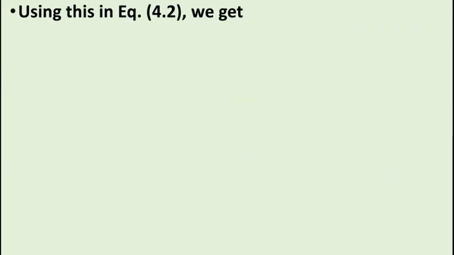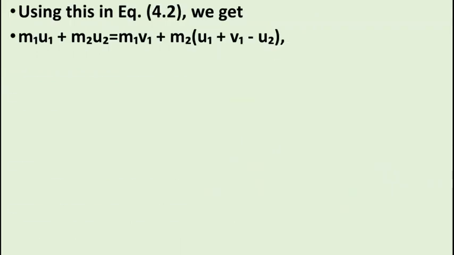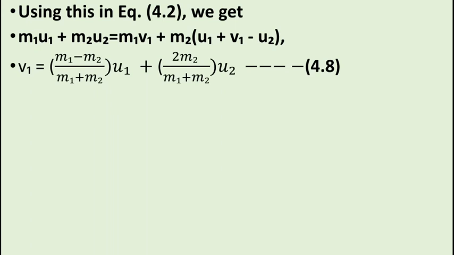Using this in equation 4.2 we get m1 u1 plus m2 u2 is equal to m1 v1 plus m2 (u1 plus v1 minus u2). Therefore, v1 is equal to ((m1 minus m2) u1 plus 2 m2 u2) divided by (m1 plus m2) as equation 4.8.